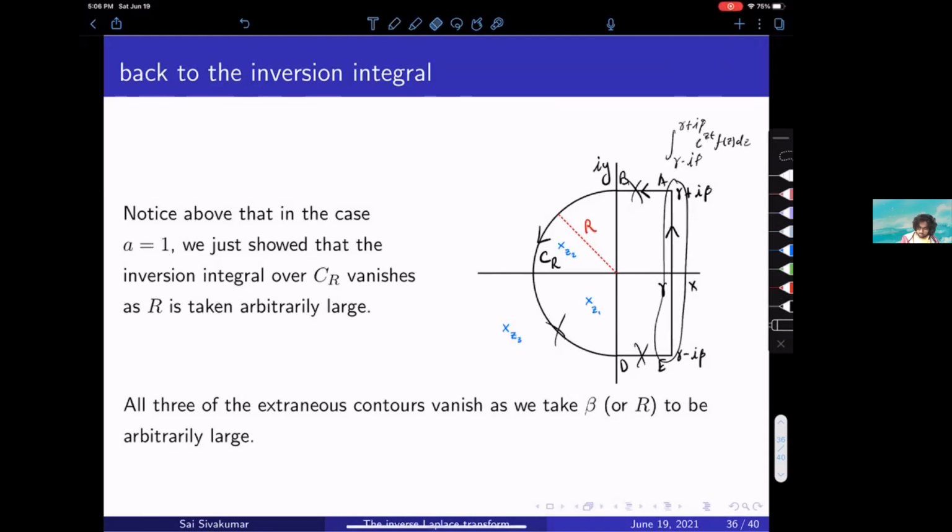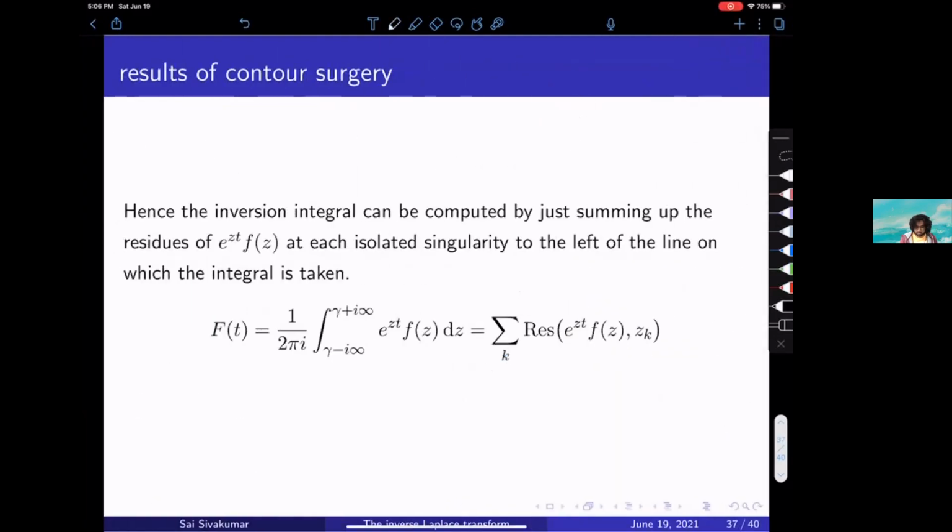Oops, maybe I shouldn't delete that. Right, so then the result of our operation, we're left with this, and then usually I put the 2 pi i over here. Usually you get 2 pi i times the sum of the residues, but you pull that to the left side. So now this is the inversion integral.